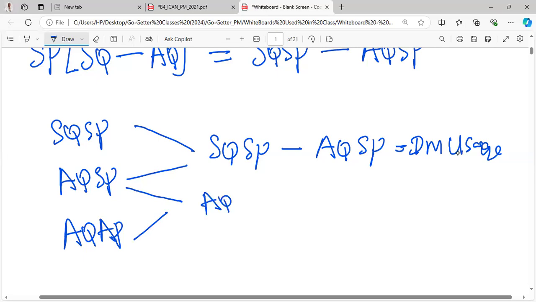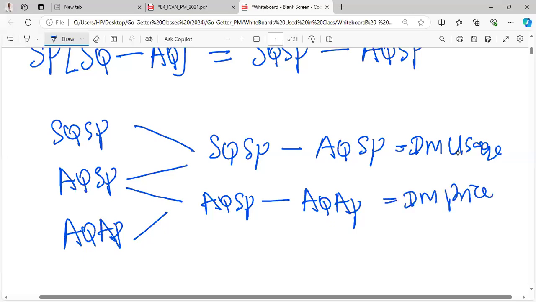Actual quantity, standard price minus actual quantity, actual price. Now, this is direct material price variance.